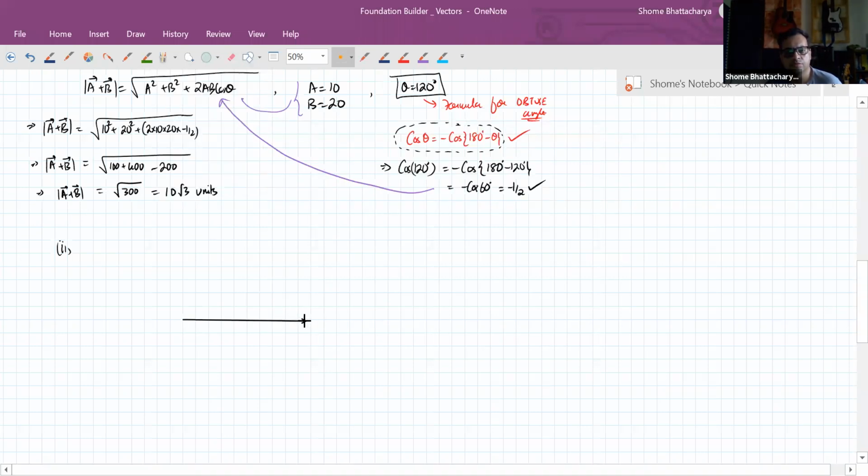So A is of magnitude 10, let's say, but B is at an angle of 120.